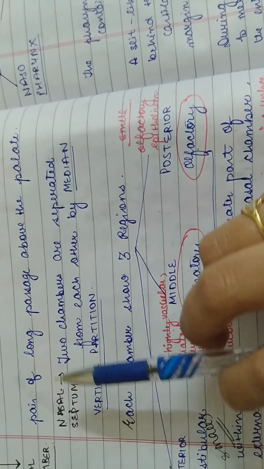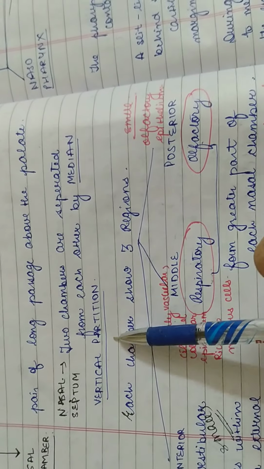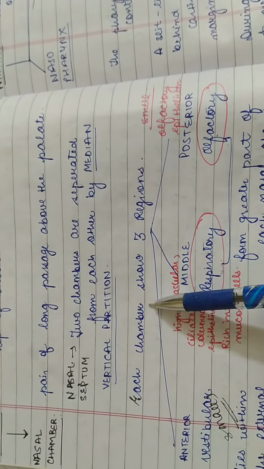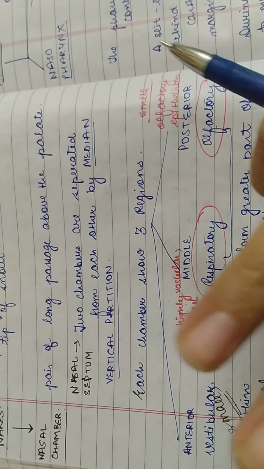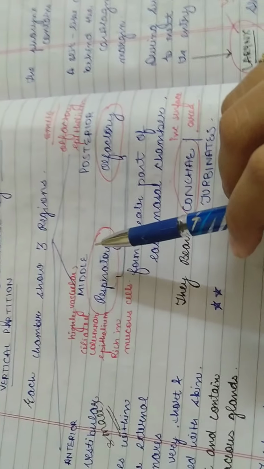So, the two chambers are separated from each other by a median vertical partition. Now each chamber is further divided into three regions.